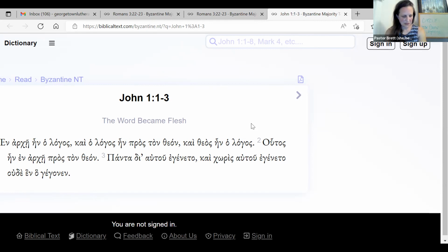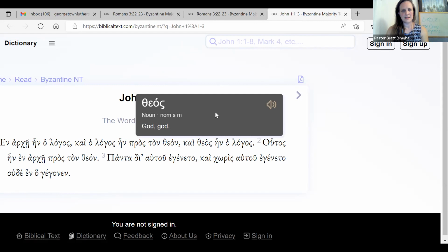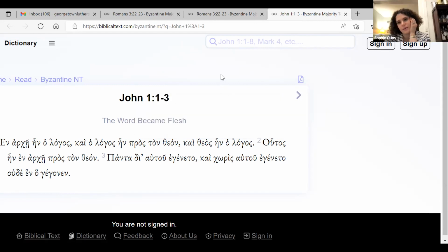For those of you who may be really familiar with this scripture, I wanted to point out that you might notice a difference. How do you think we would translate this? Kai means and God. We say, and the Word was God instead of and God was the Word, don't we?